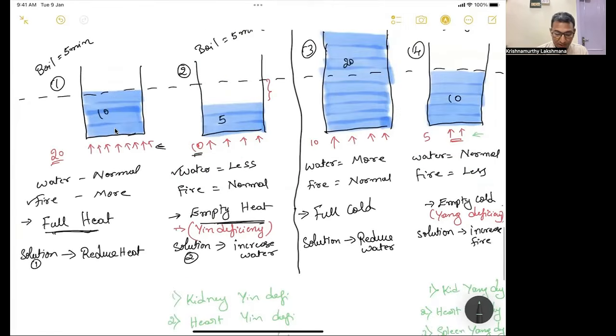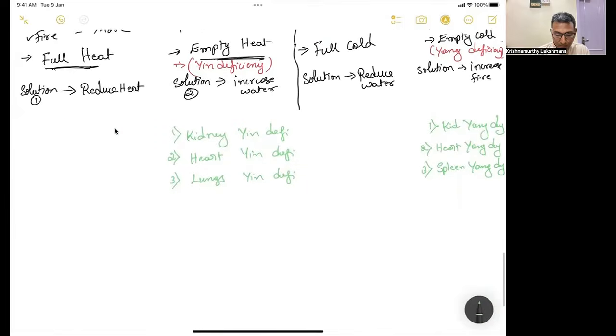In the first situation, the fire is more. So if the fire is more in the heart, we call it heart fire blazing. Okay, heart fire.